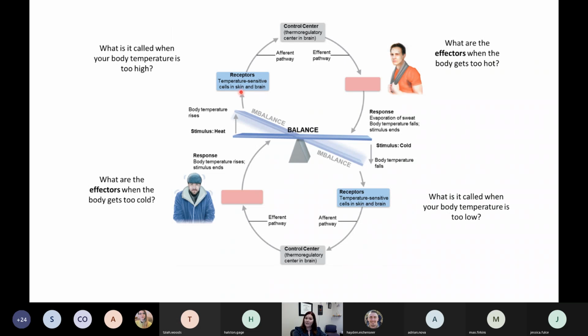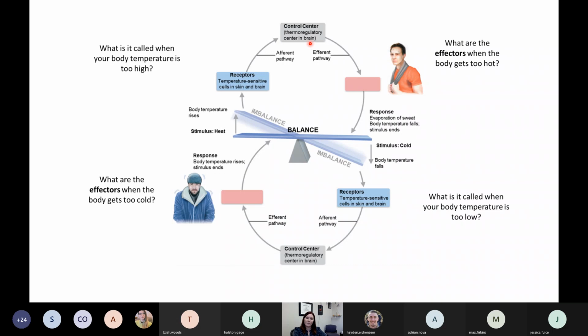The cells on your skin, taking the temperature of the outside and the inside and mixing that information together. The cells in your brain are taking the temperature of the blood in your body. So if the temperature that we detect on your skin and the temperature we detect in your brain is higher than it should be, these receptor cells will send that message up to the brain.